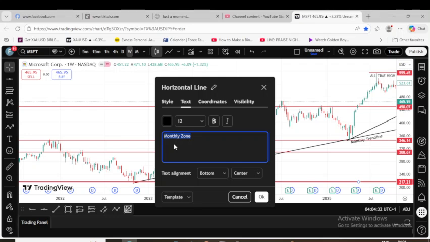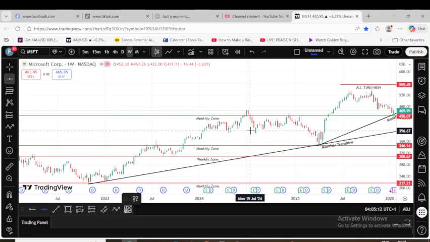I seem to have one around here. We have another one around here. We have a weekly zone here. We also have another weekly zone here.